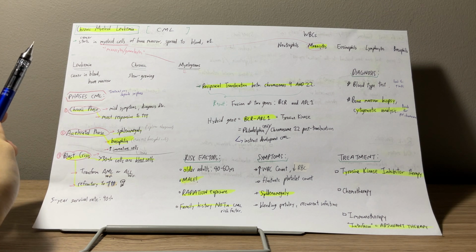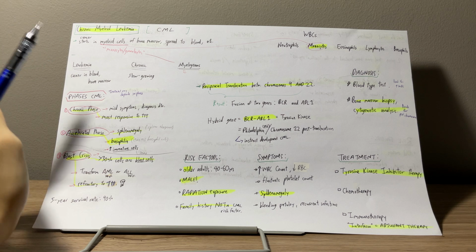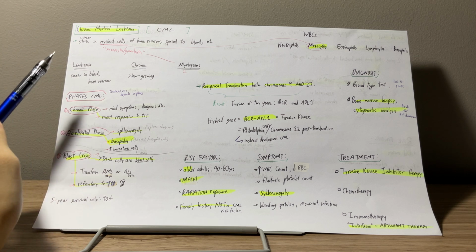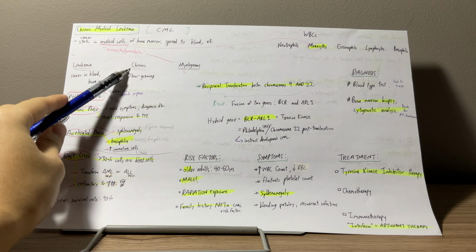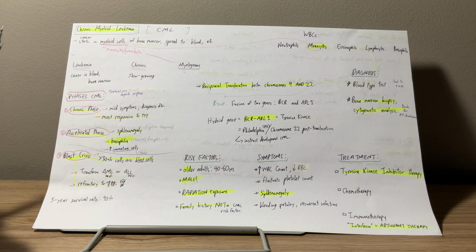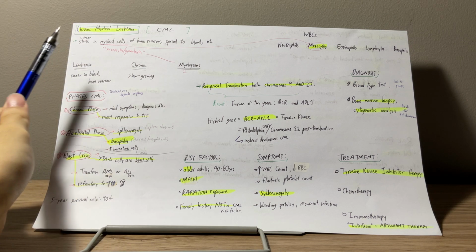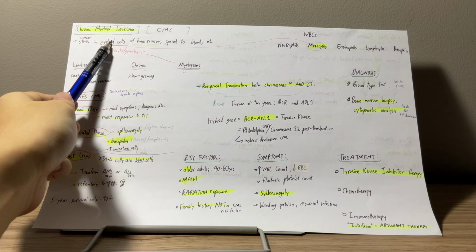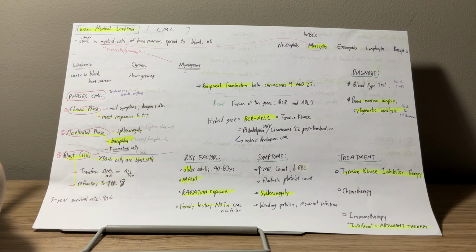Acute is basically when that disease suddenly appears, only for a short time. But here, it's chronic, so this becomes cancer for a long time until eventually it kills you. And yes, myelogenous, referring to the myeloid cells. That's where the cancer starts.